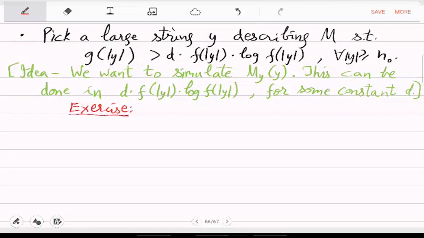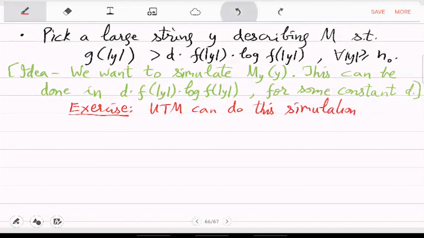So a universal Turing machine can do this fast simulation. It's fast because it is almost linear in the original time complexity, which was c times f of y.